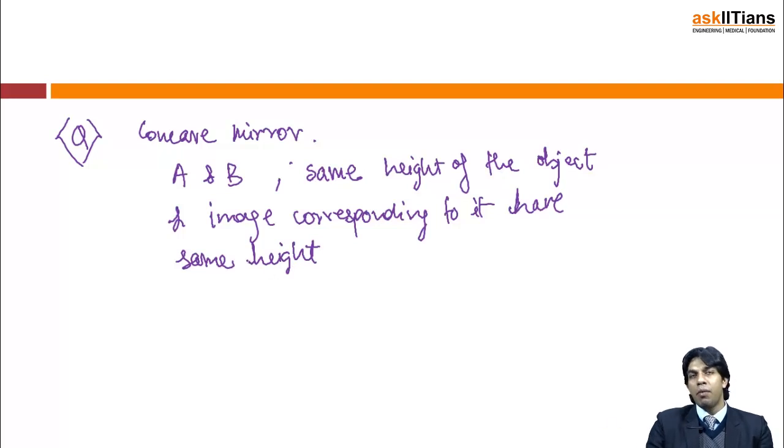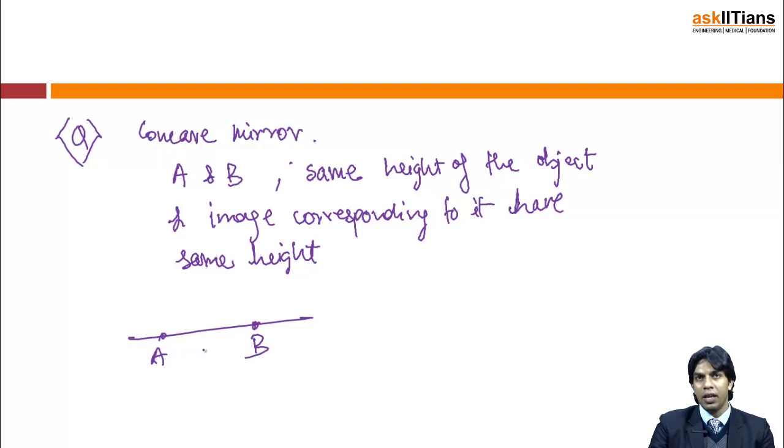Whatever be the height of the image corresponding to the object placed at point A, when I place the same object at point B, I get the image of exactly the same height. So same height doesn't mean I have the same magnification. Please keep this in mind. That's the key to the problem.